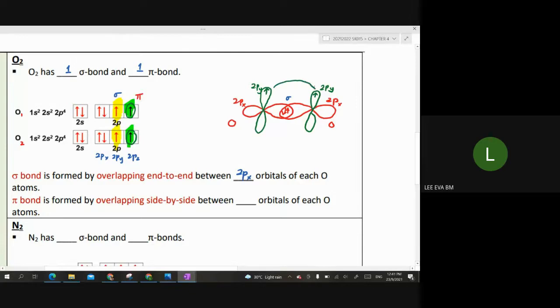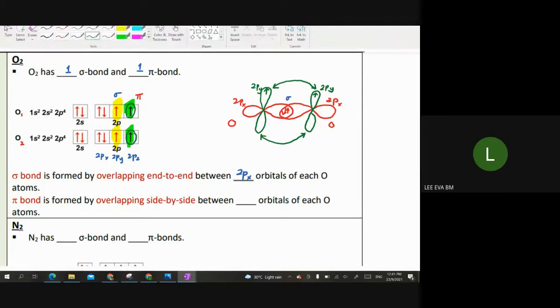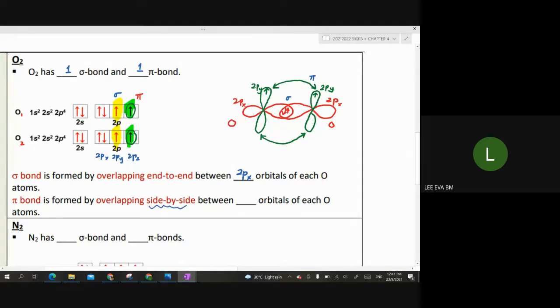Kita gunakan curve arrow. Atas bawah kena link, sebab dia adalah satu cycle. Atas bawah kena ada. Lepas tu, awak kena labelkan. Ini adalah kita punya pi bond. Okay. So pi bond is formed by overlapping side by side between 2py orbital of each oxygen atom.